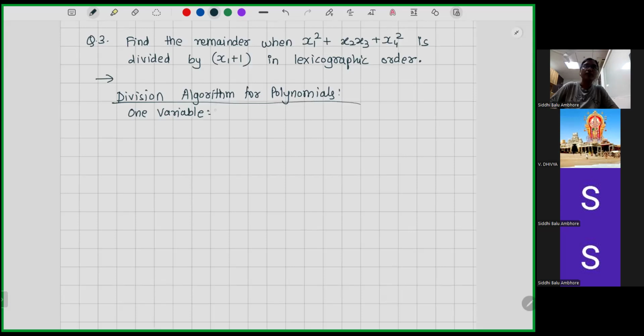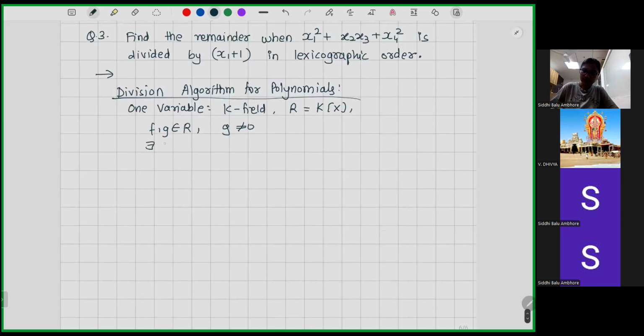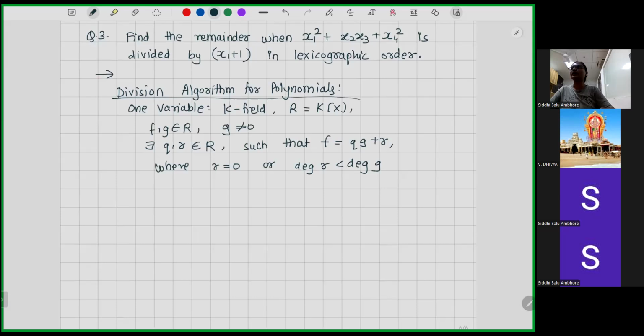okay, so k is a field and R is k[x], and f and g are in R and g is non-zero, of course. Then we say that there exist q and r in R such that f is qg plus r, where r is either 0 or degree of r is less than degree of this element g by which we are dividing the polynomial f.